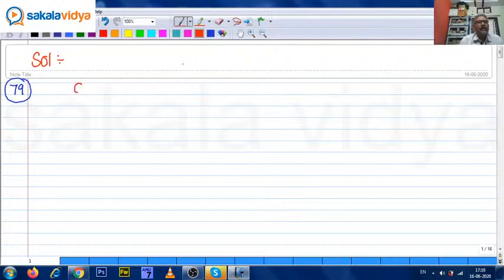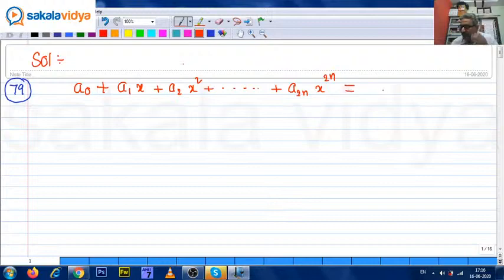Solution. a naught x to the power of 0 plus a1 x plus a2 x square plus so on, the last term is a2n x to the power of 2n, equals to 1 plus x plus x square all to the power of n.